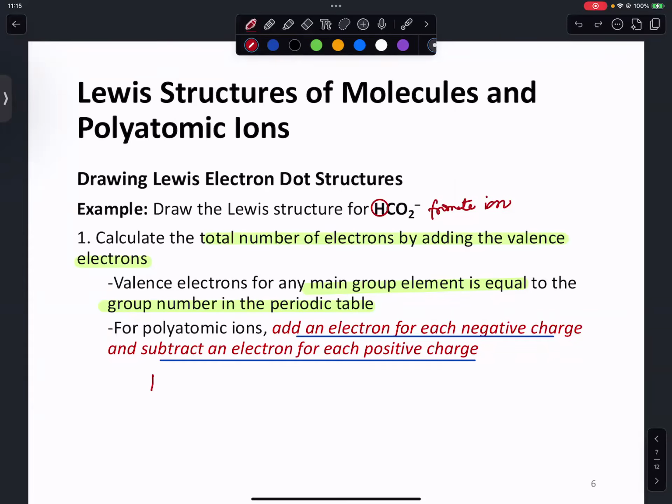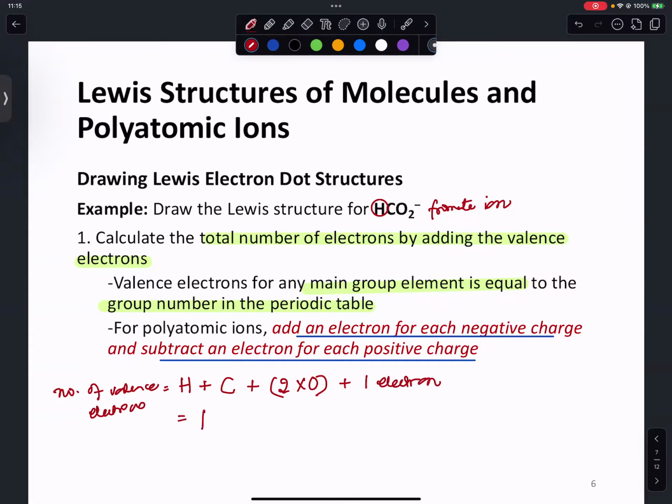Or let me just do this. So I would say the number of valence electrons is the hydrogen plus the carbon plus 2 times the oxygen plus 1 electron.